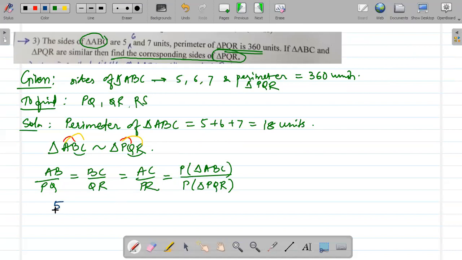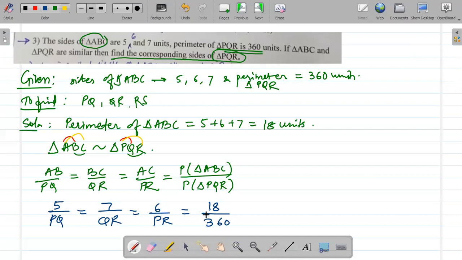AB is 5, BC is 7, and AC is 6. So this would be 5 over PQ equals to 7 over QR, which is equals to 6 over PR. We are just replacing the values we have, and this is 360.